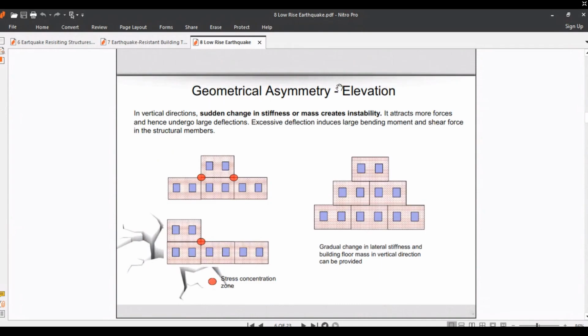Another type of geometrical asymmetry is geometrical asymmetry in the elevation of buildings.